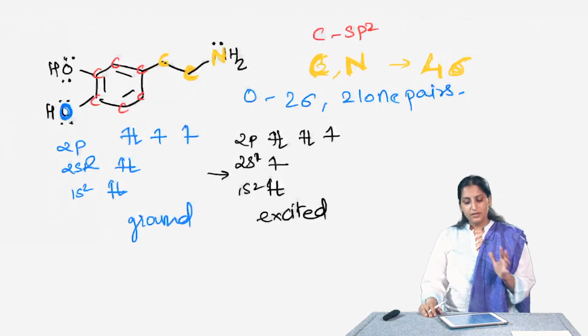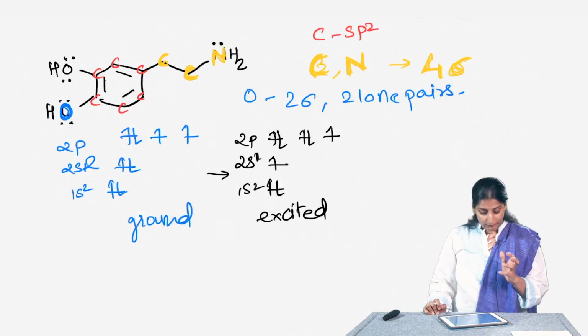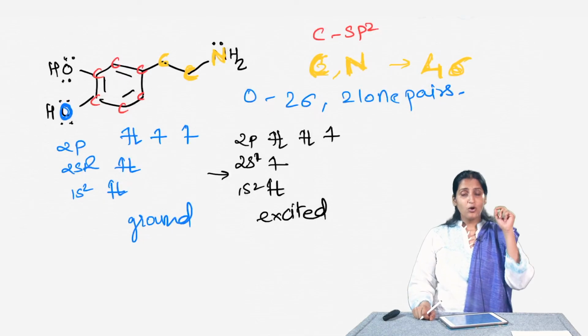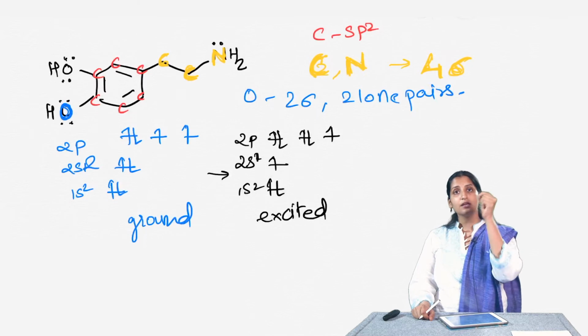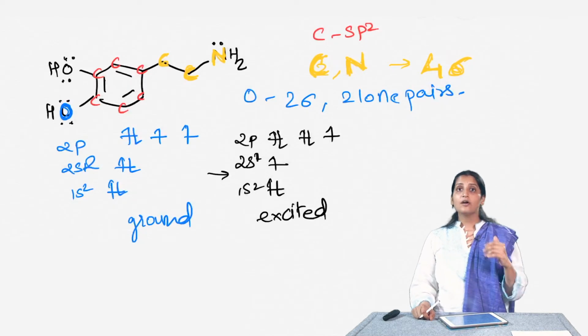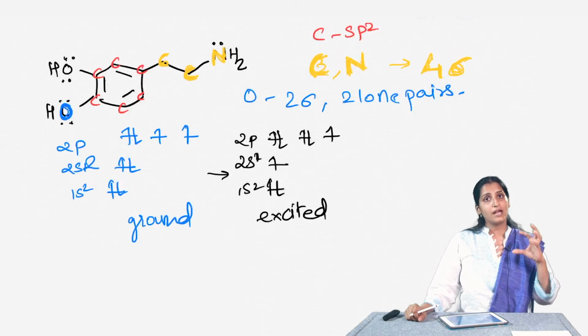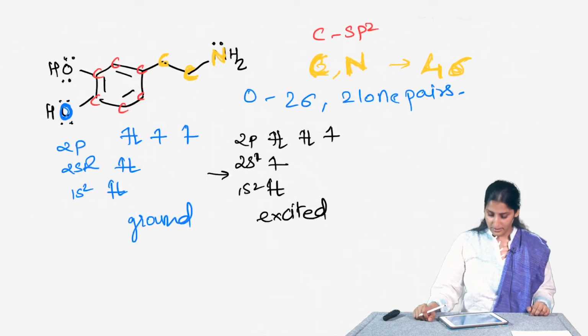Okay. Now, the real question arises that when the oxygen exhibits hybridization, it wants to have that lone pair such that it can put those electrons into the benzene ring, because we can clearly draw a resonance structure such that that OH can donate inside the ring.